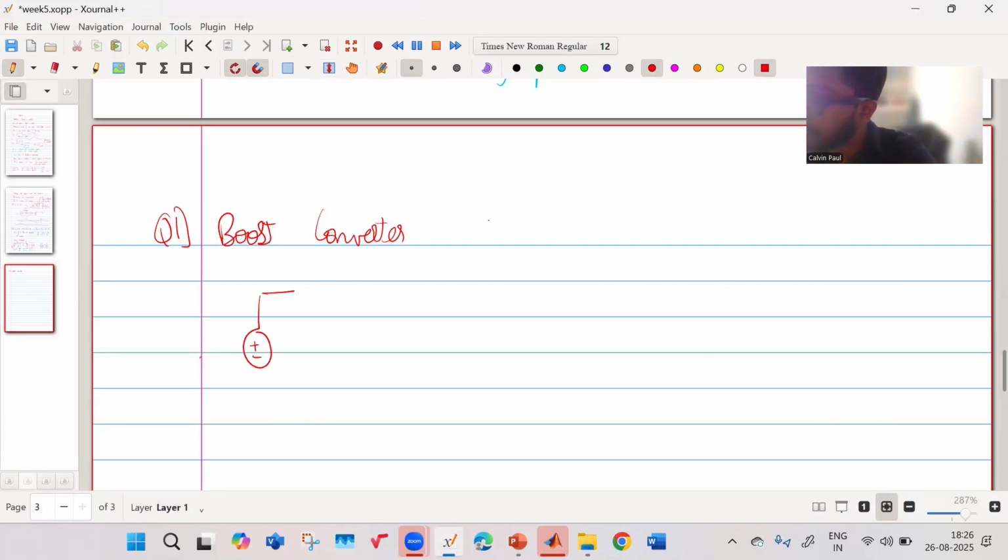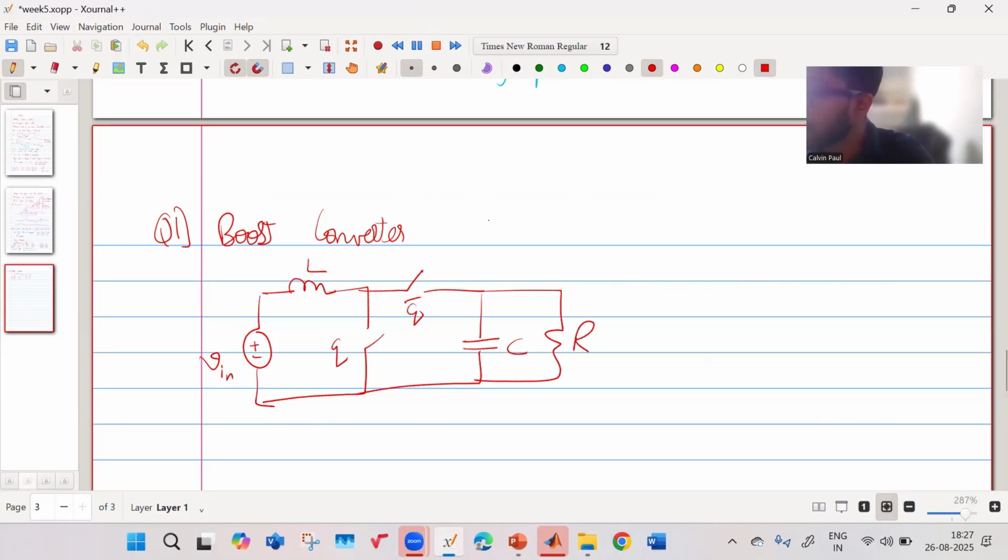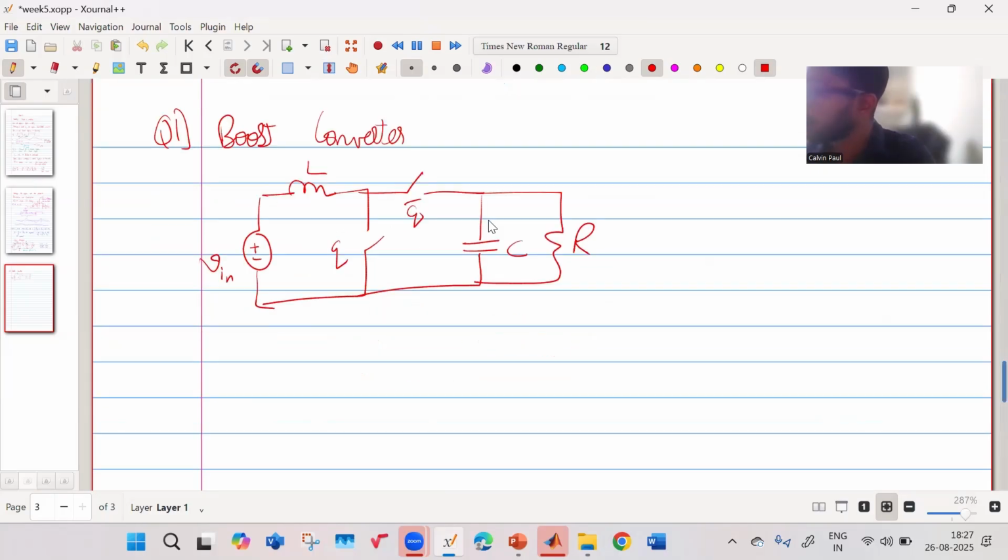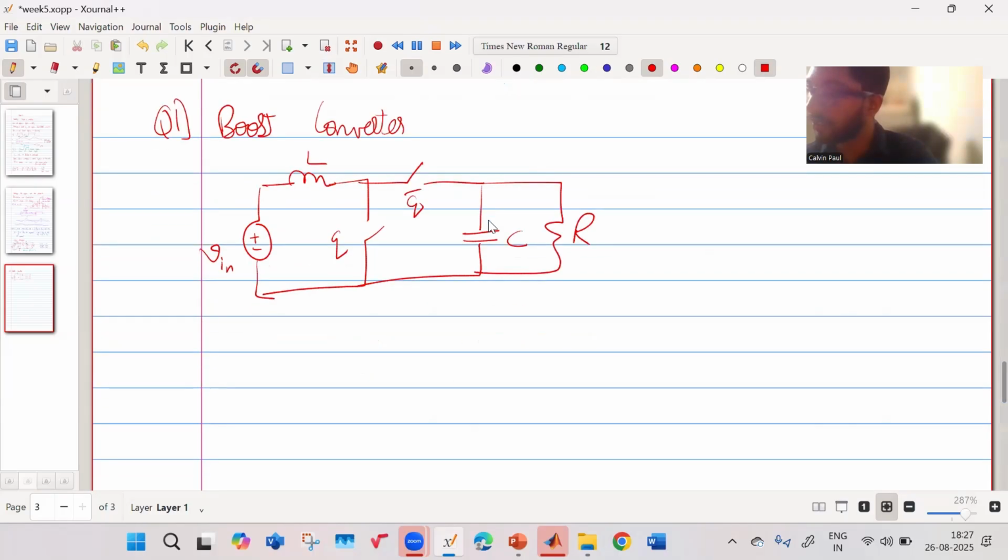It is given like this: L, Q, Q bar, C, and your load R. Okay, so let us draw each circuit one by one. So when Q is equal to 1, this is your circuit. This is how your circuit looks like.